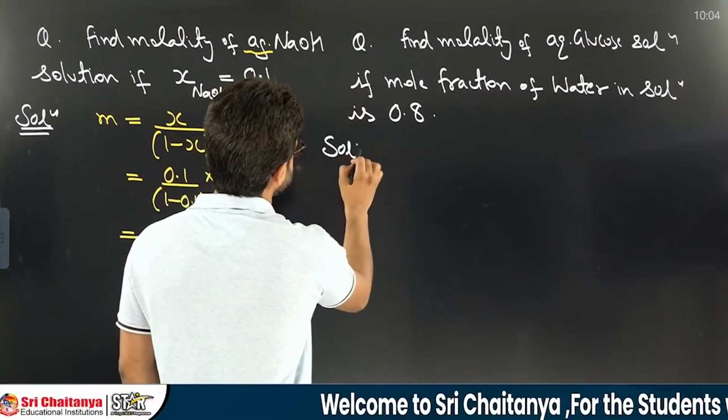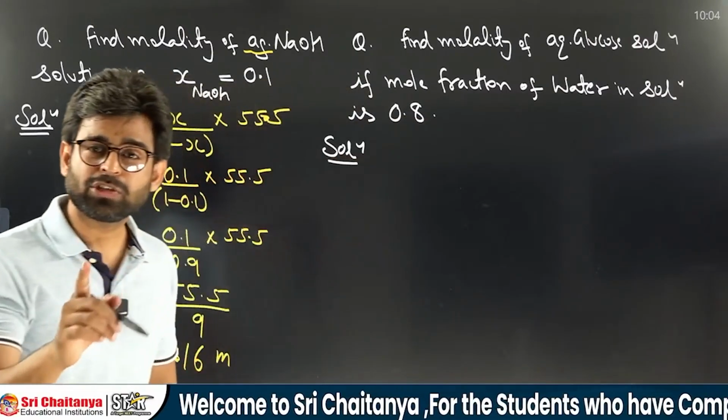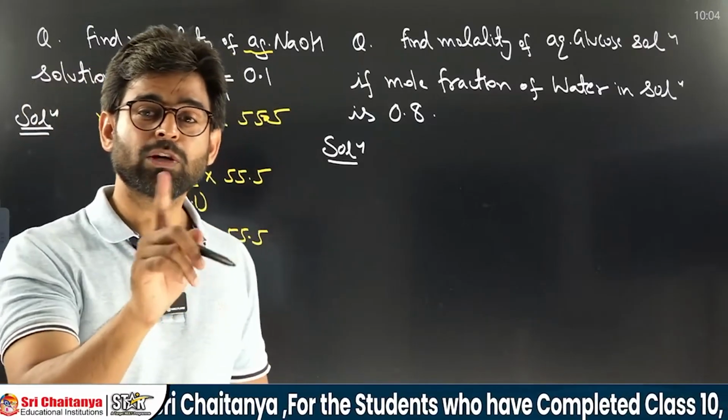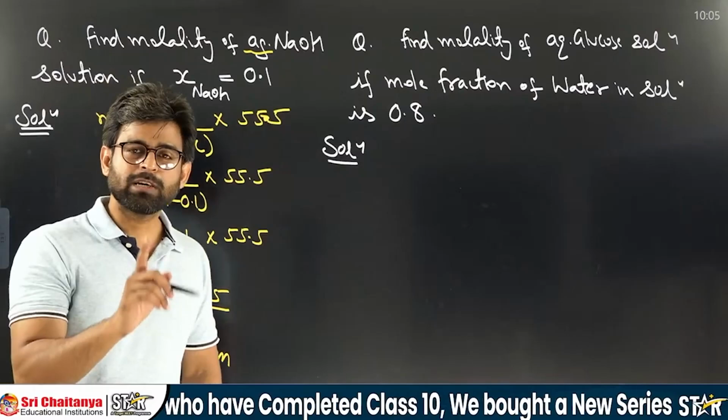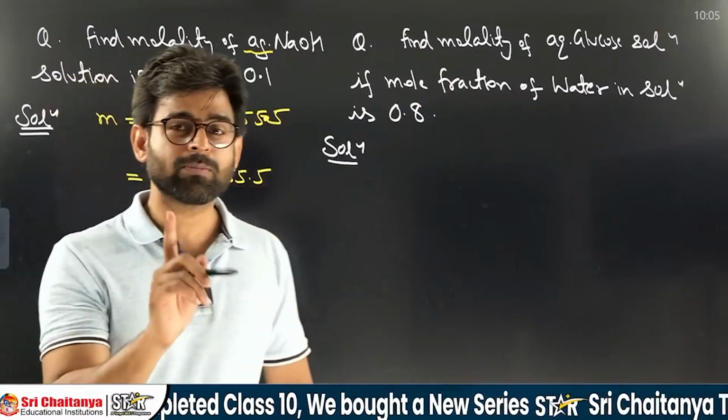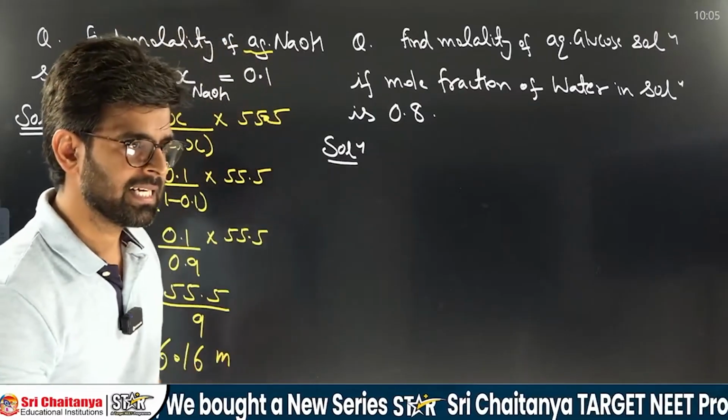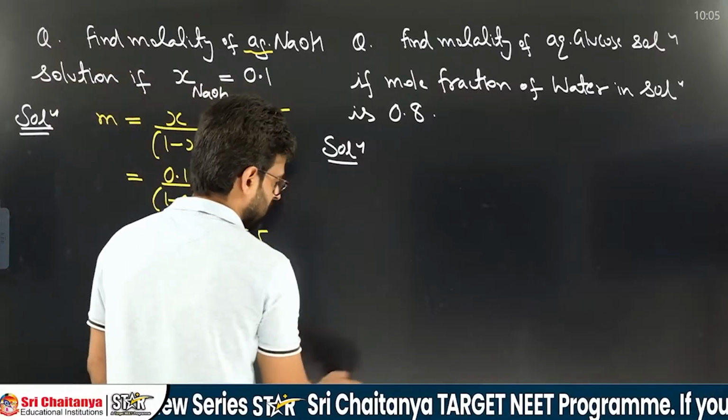Carefully give the answer. In this question, the mole fraction of water is given, not the mole fraction of glucose, not the mole fraction of solute. So first find that.